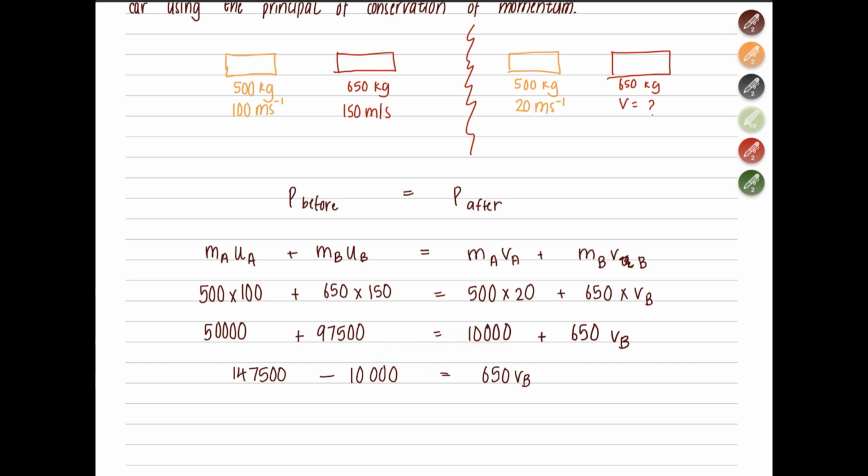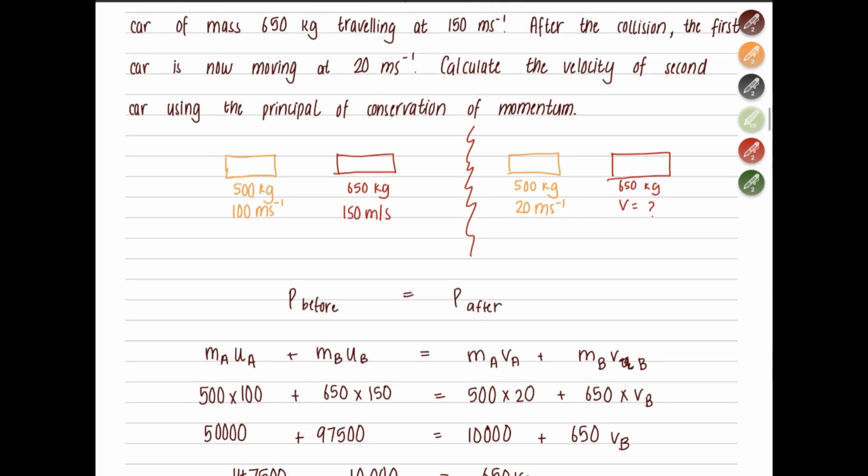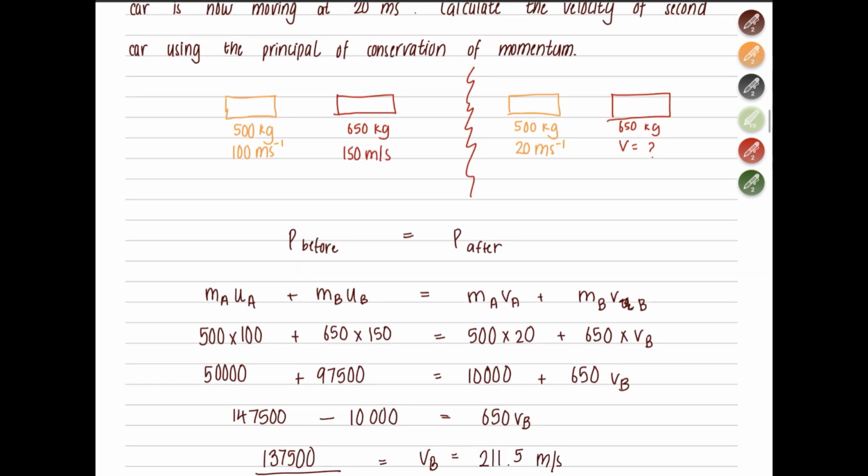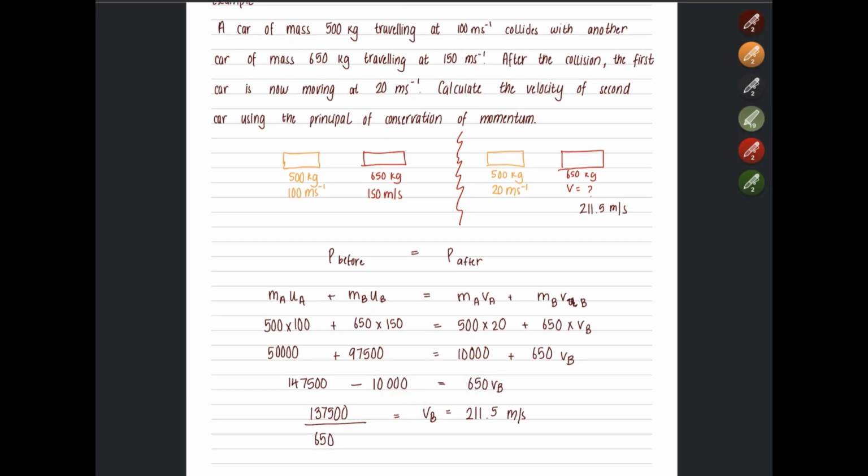This equals 650 VB, so we'll subtract them and we get 137,500 divided by 650. This equals VB, which equals 211.5 meter per second. So this means after the collision occurred, object B was moving at 211.5 meter per second. This is how we can find speed using the conservation of momentum.